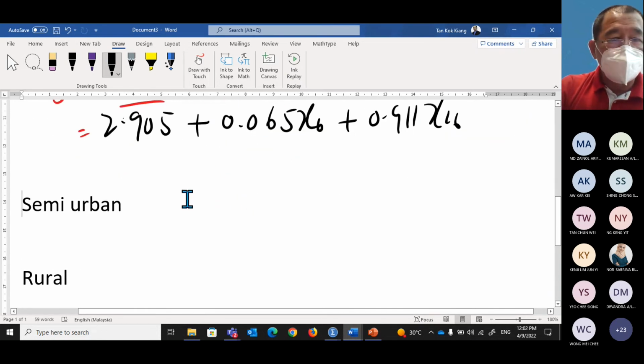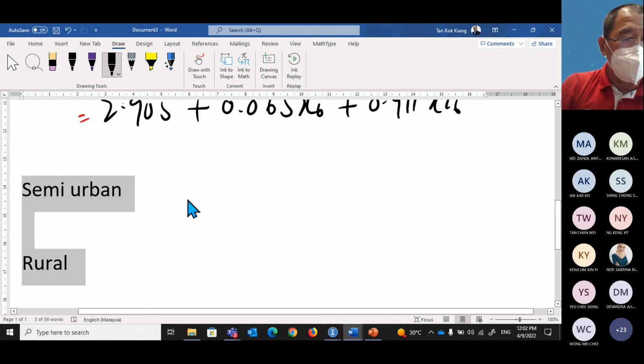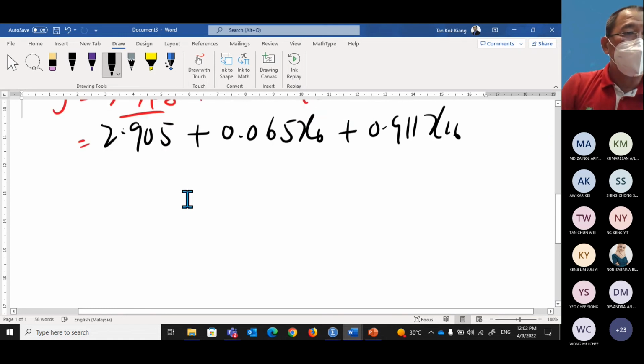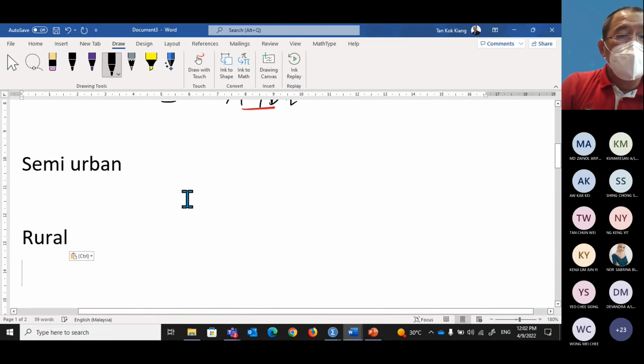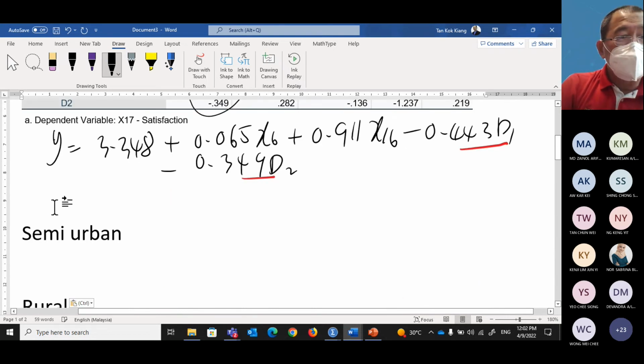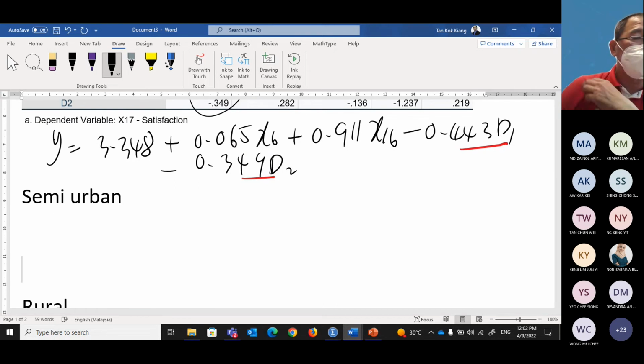Next will be semi-urban. Semi-urban is when D2 is 1. Remember, D2 is 1, therefore D1 is 0.